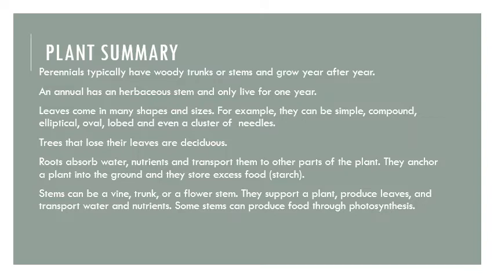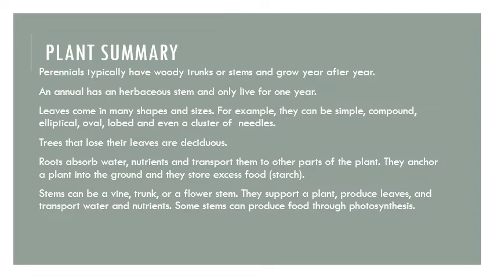I really don't have to do much with a perennial, whereas an annual has an herbaceous stem and it lives for only 1 year. So like a daisy is only going to live for 1 year, and it's something I have to plant over and over again if I want it to come back.